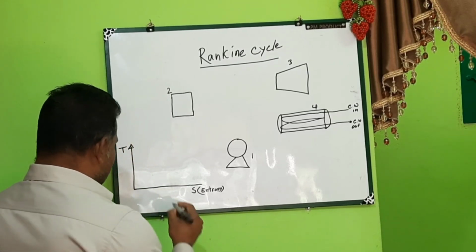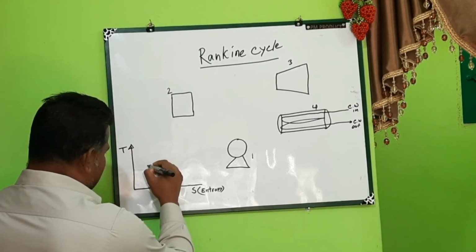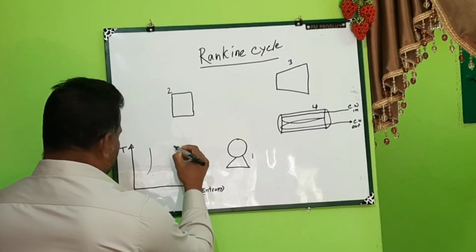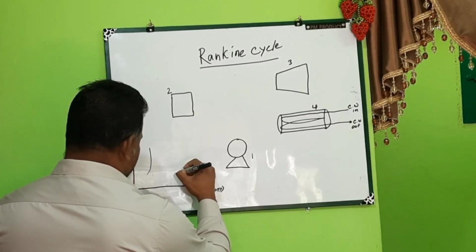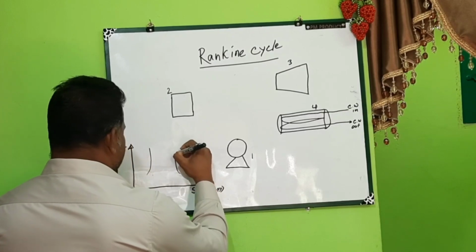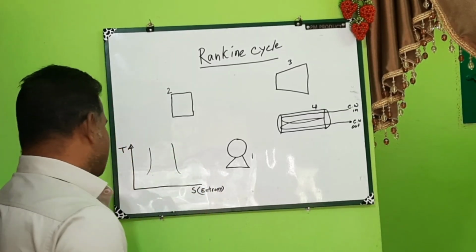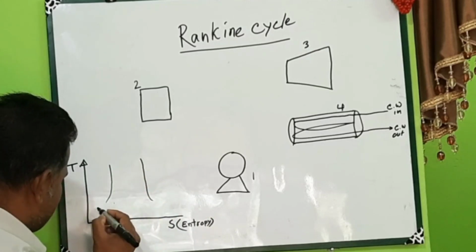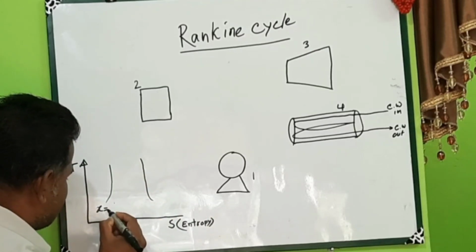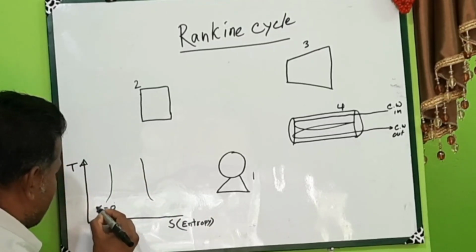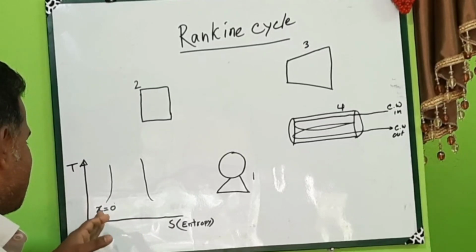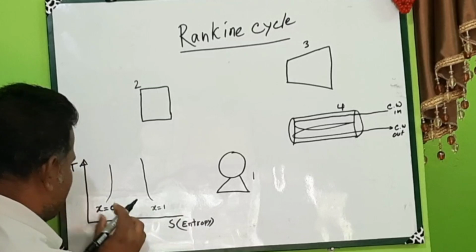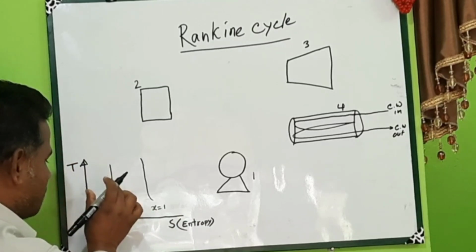On this TS diagram, this part is the liquid zone, and this side you can think of as the vapor zone. On this side x equals 0, that means dryness, liquid dryness is 0, and on that side x equals 1.